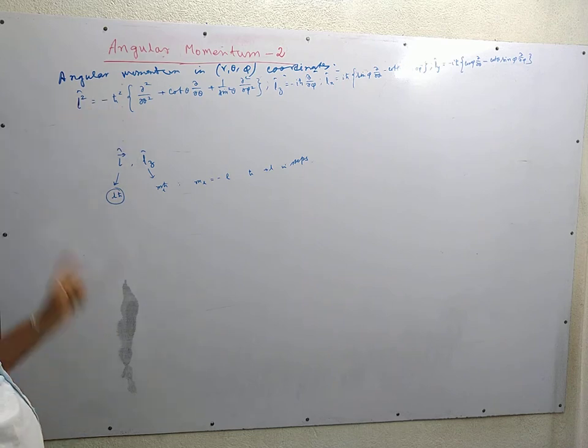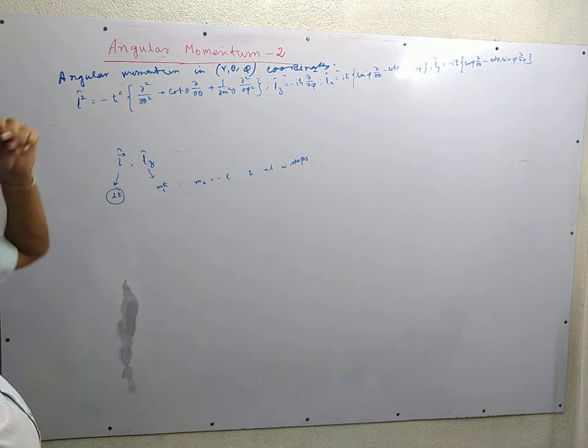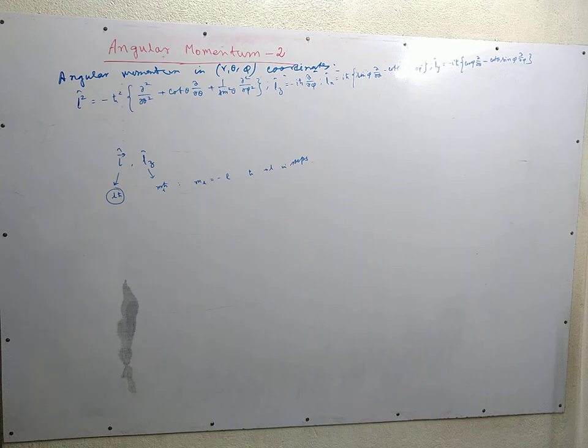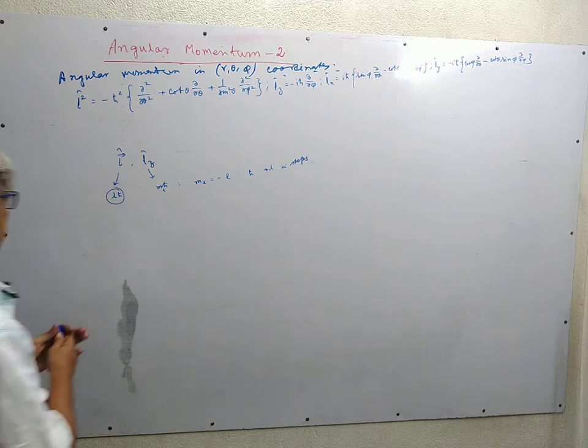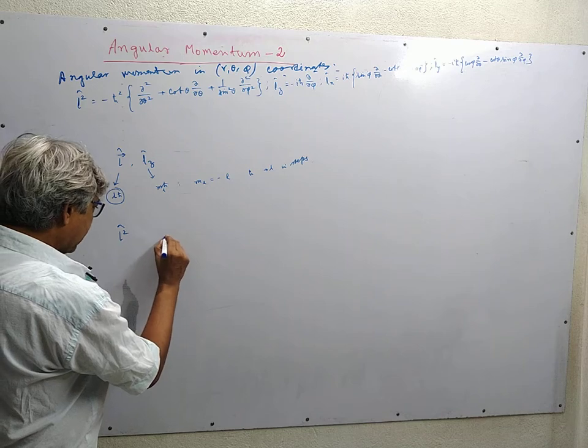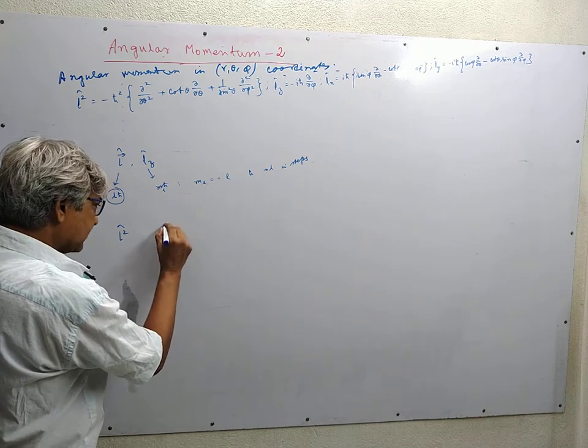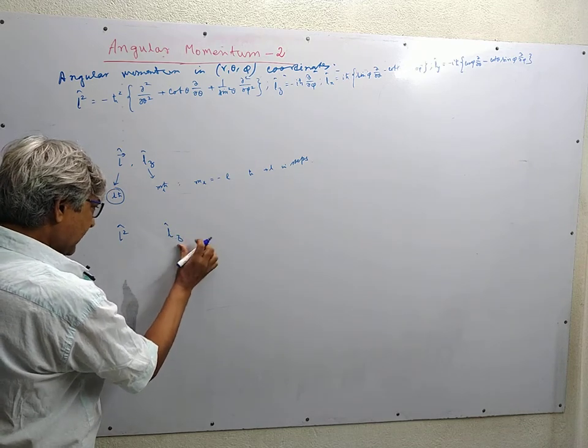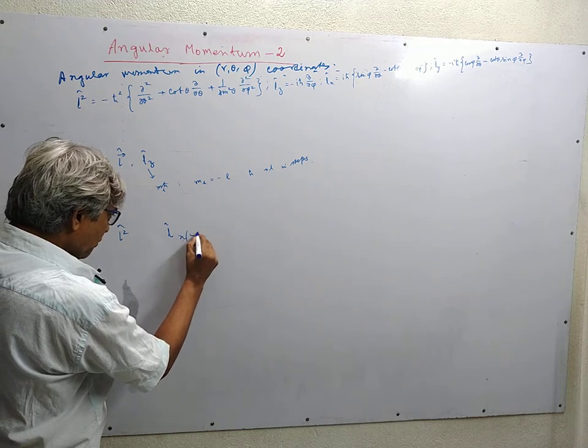But it is found that the L square operator commutes with each of its Cartesian components. So it is possible to have simultaneous eigenfunctions of the L square operator and any one of its Cartesian components, either x or y or z.